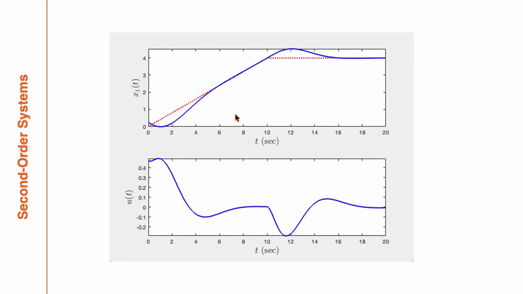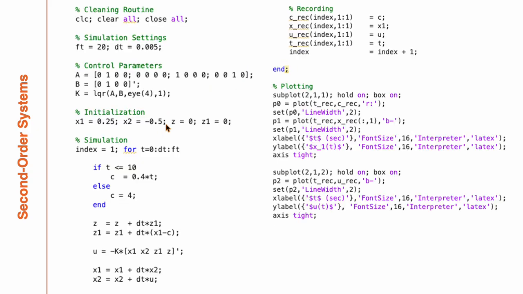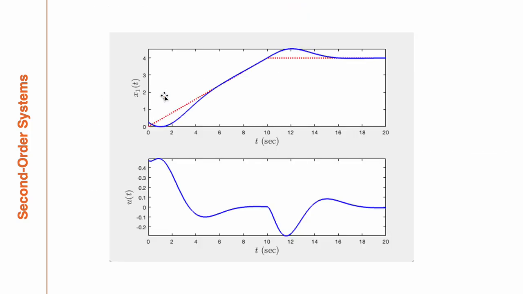If I simulate this system, this is how it does. I initially launch the system. The red dotted line is my ramp command, then it becomes constant. It tracks. Then around 10 seconds, it changes to a constant. It still tracks. Again, I didn't tune it to improve the transient response. Apparently, I am using the world's most basic Q and R, just identity and one.